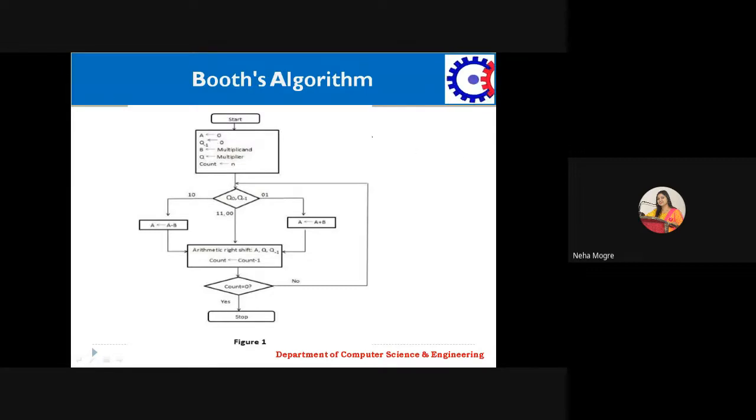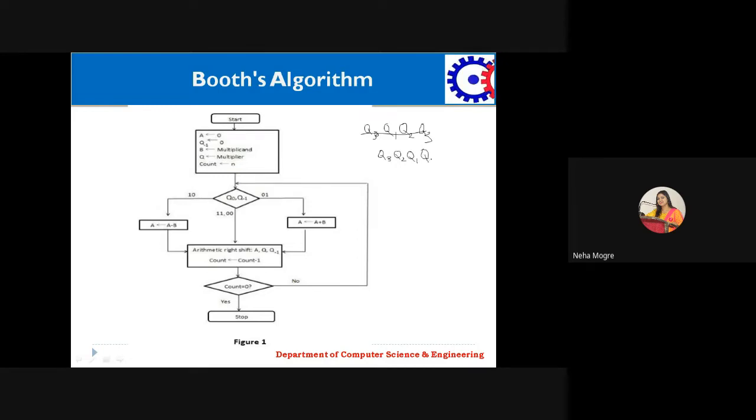Now suppose any decimal number, if you convert it into 4 bits, it is something like this: Q3, Q2, Q1 and Q0.